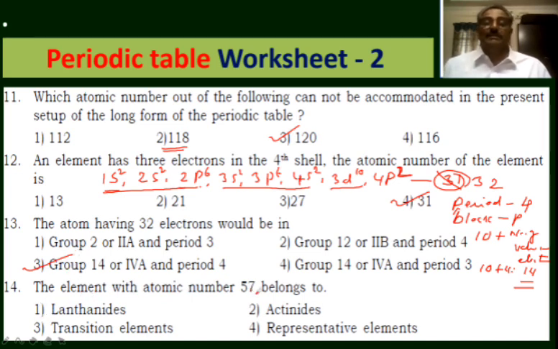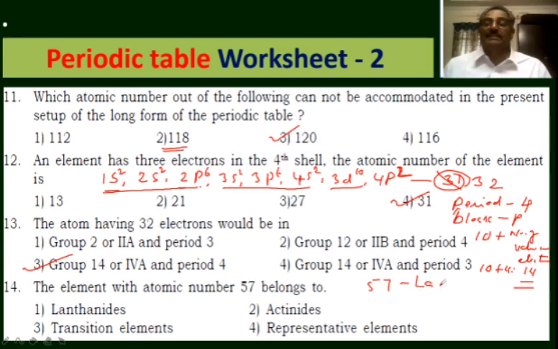The element with atomic number 57 belongs to dash. You know that the element with atomic number 57 is lanthanum. The electronic configuration of lanthanum is 1s2, 2s2, 2p6, 3s2, 3p6, 4s2, 3d10, 4p6, 5s2, 4d10, 5p6, 6s2, 5d1.